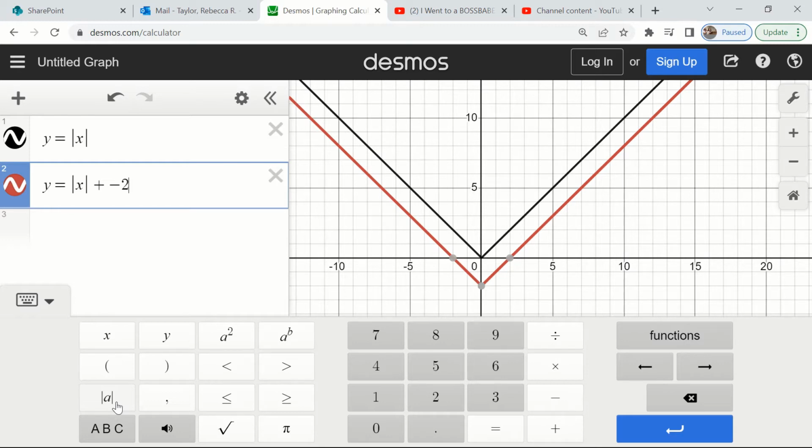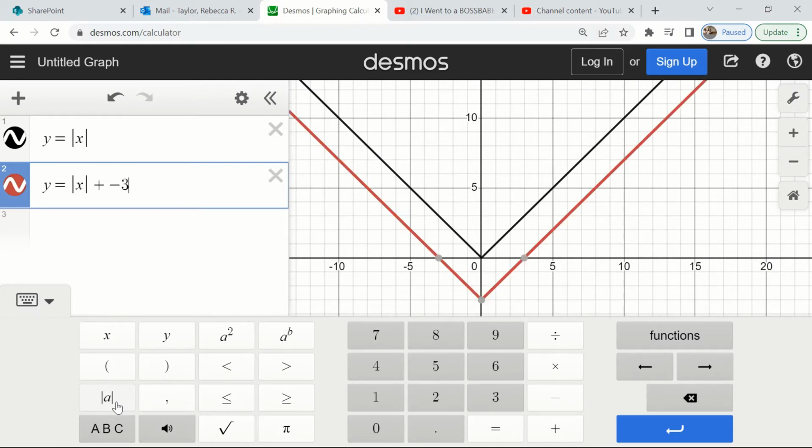Just to make sure that that holds true, we'll try -3. I think I mentioned in a previous video that the easiest place to look at is that vertex. That's the easiest point to track, rather than tracking this point over here and seeing that it went down 3 units.